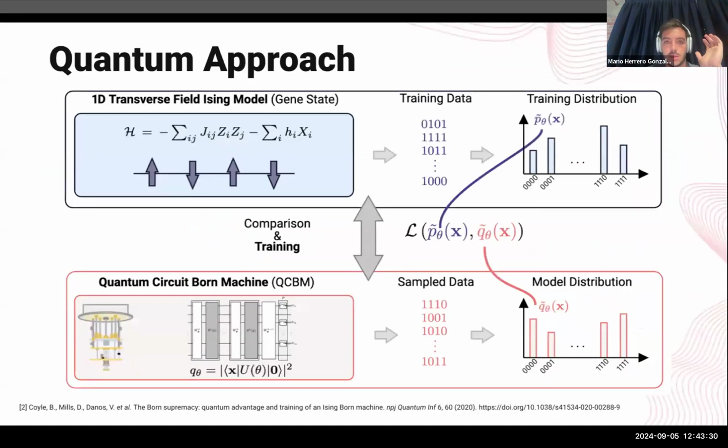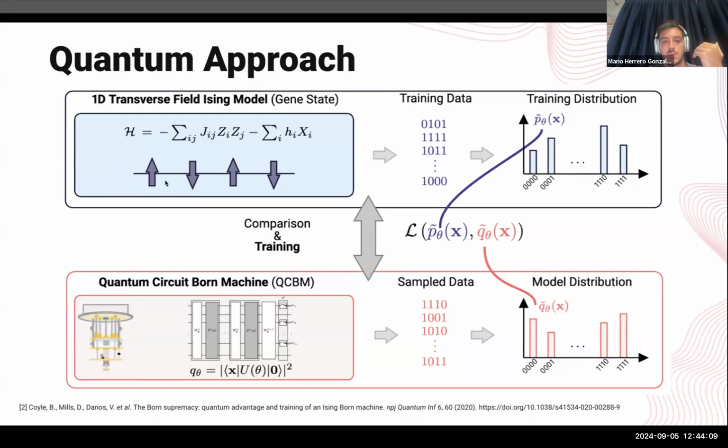However, just because it doesn't work well in classical doesn't mean it's going to work perfectly in quantum. So we scaled down the problem to a case where it was not so complex and that we understand very well. There have been plenty of PhD theses describing this model here, which is the one-dimensional transverse field Ising model, which in some way tries to reproduce what happens with the gene states, because here we have a chain of spins, up and down, and what we want to retrieve is how they interact.